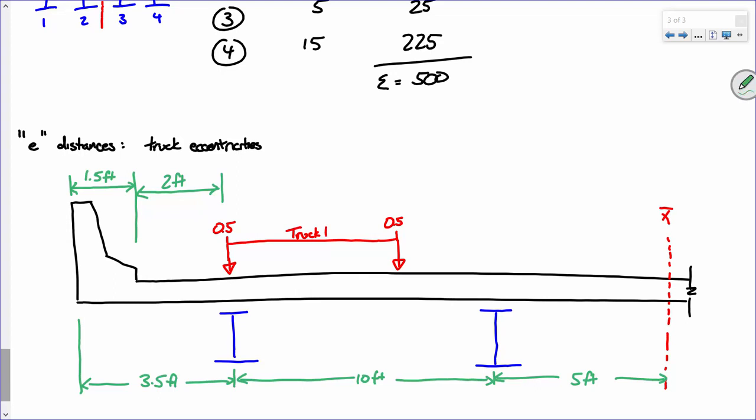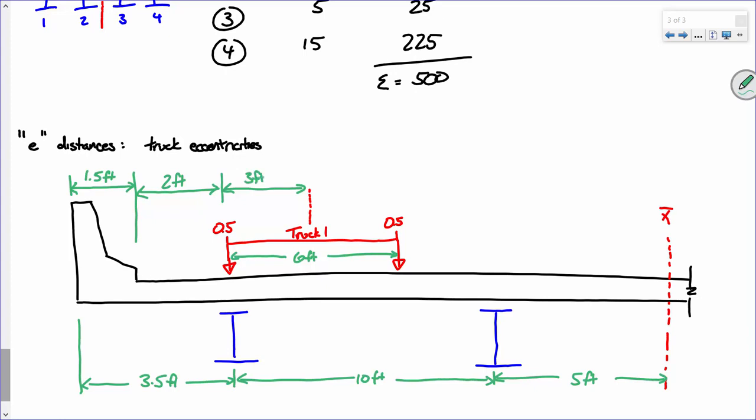And this dimension here, this is the width of the truck, right? So this is 6 feet, right? That's how wide the truck is, all right? Would you believe me if I said that the centroid of that truck is about right here? Somewhere about like that. So what is this dimension? 3 feet. So far, so good?